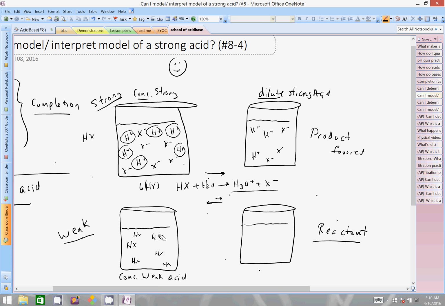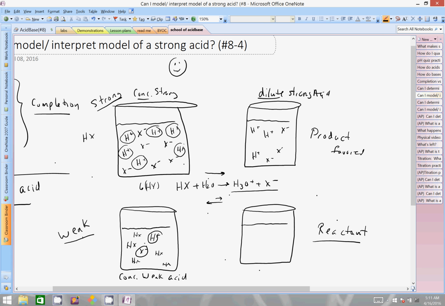I could eliminate one of these and draw H plus and X negative. So these went through the reaction. This shows that 1/6 of my particles went through hydrolysis. In this stalemate situation, I have 1/6 of my stuff as products and 5/6 as reactants.